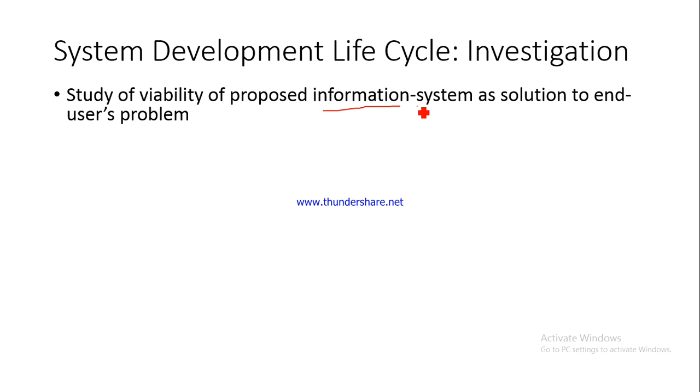I was talking about the fact that whenever we are coming up with these kind of systems, they are meant to be solutions to the problems being faced by the client organization, right? So naturally the client organization is facing some problem and they need a solution, and the solution is being provided by the information systems, right?